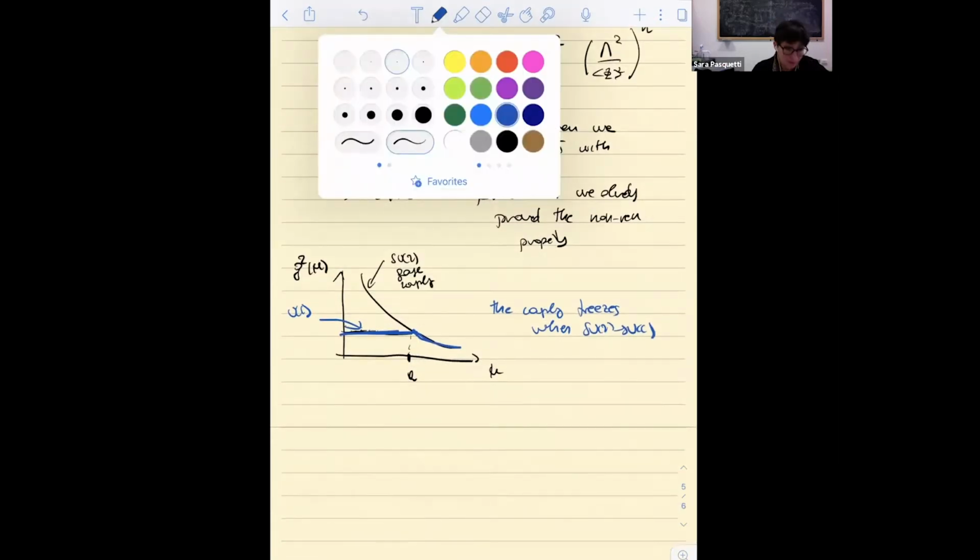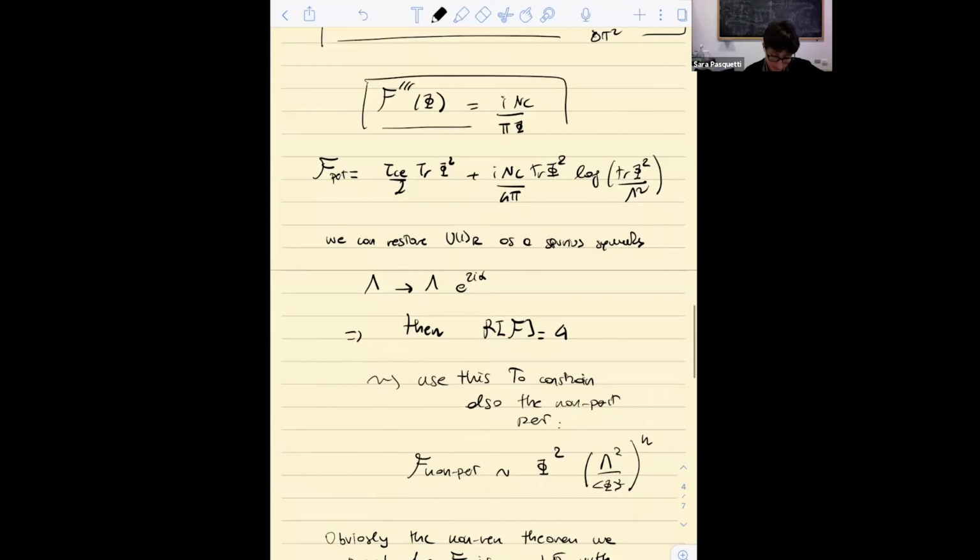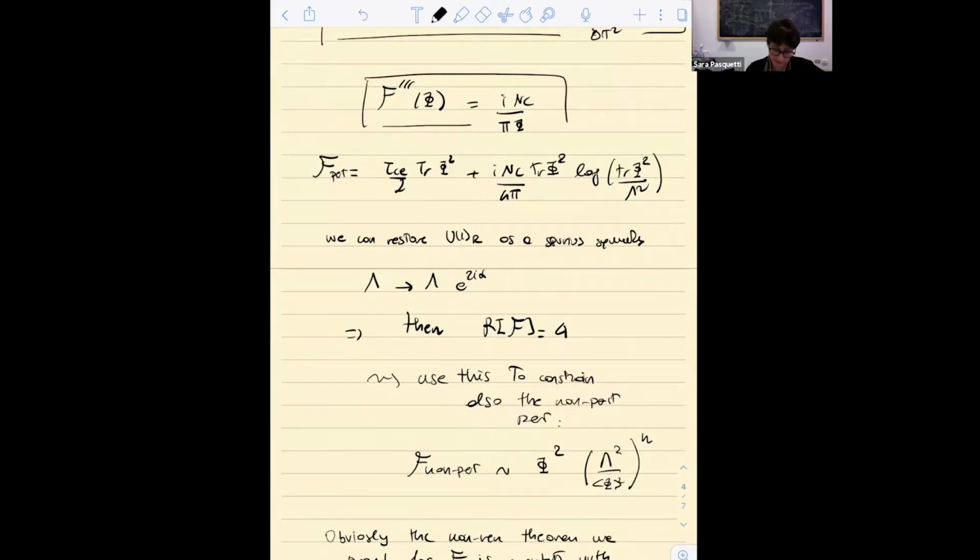So if I think in terms of coupling, my tau one loop as a function of the scale A will not be running. When I reach the scale A, then it stays like that. And you can check that this form is exactly the second derivative of the prepotential that we just wrote here, as fixed by the U(1)_R anomaly.